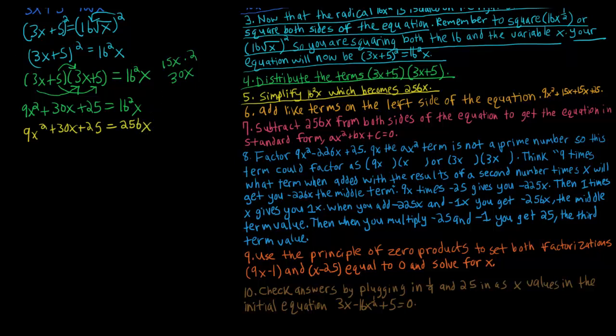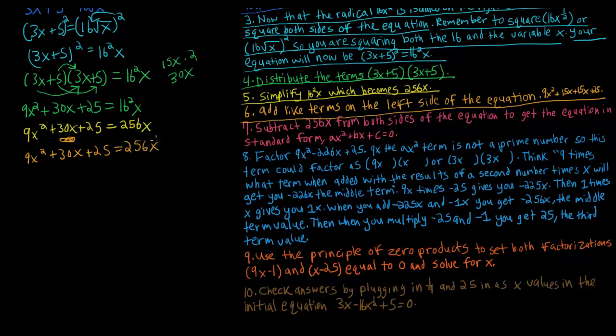Step 6, add like terms on the left side of the equation. We already added 15x plus 15x to give us 30x plus 25. So we're okay. Our equation is still going to be 9x squared plus 30x plus 25 equals 256x.